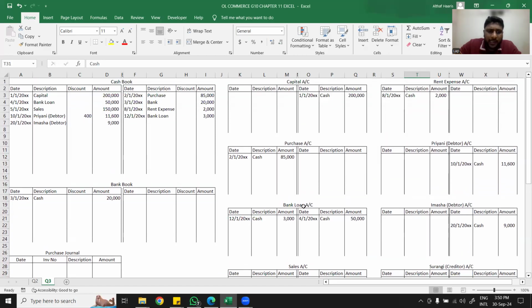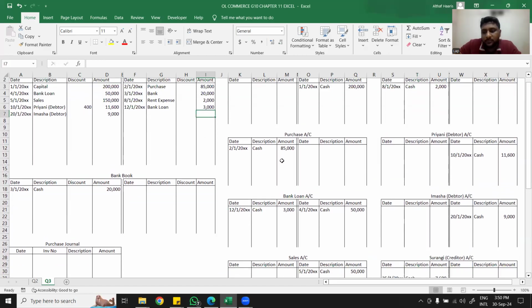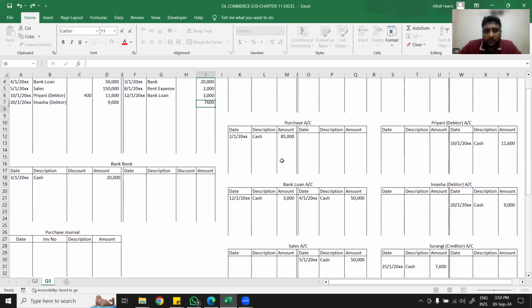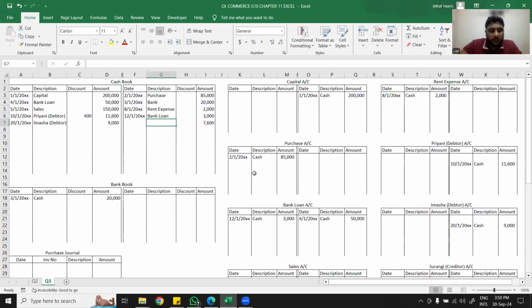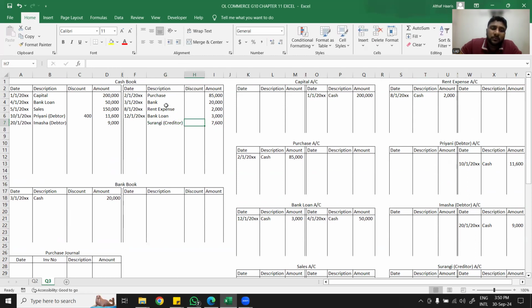Surangi debit, cash credit. And the discount is there, 400. Discount 400 is there.